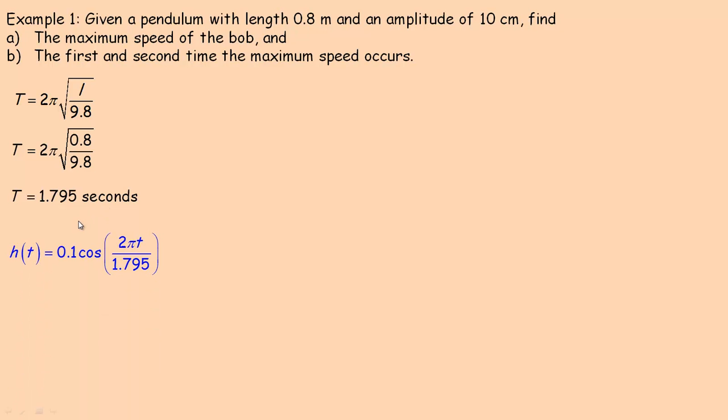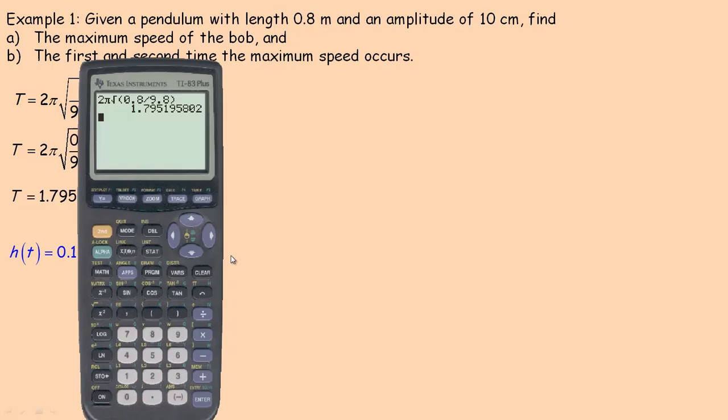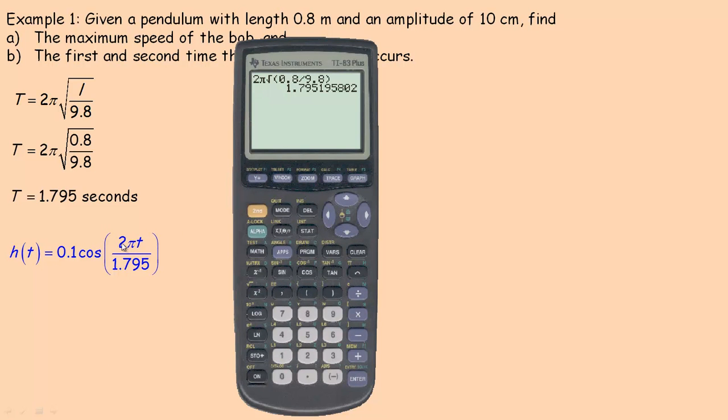So the other formula on the previous page, the height at any time is, now the amplitude here, 10 centimeters is 0.1 meters, times cos(2π t over T), where little t is time here, and capital T is the period, the 1.795 seconds. Now, I'm going to simplify this instead of leaving it as 2π over 1.795.